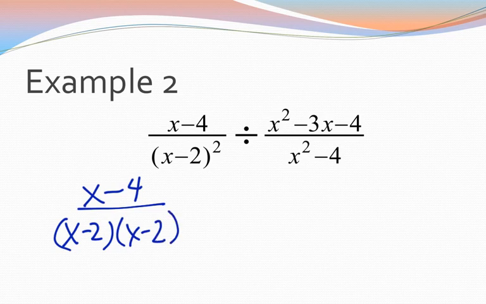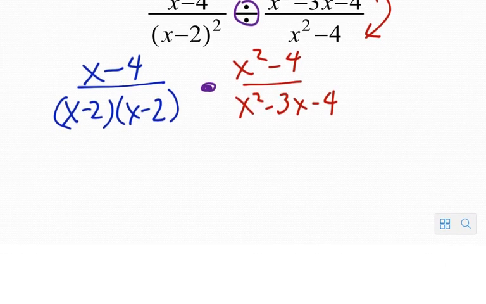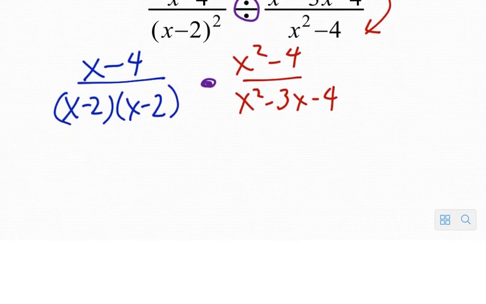Okay, and then I'm going to take this division sign and change it to a multiplication sign, and then to make up for doing that I'm going to switch and get the reciprocal here. So x squared minus 4 over x squared minus 3x minus 4. Okay, then I just have a multiplication problem, so now I'm going to go back to getting ready to multiply.